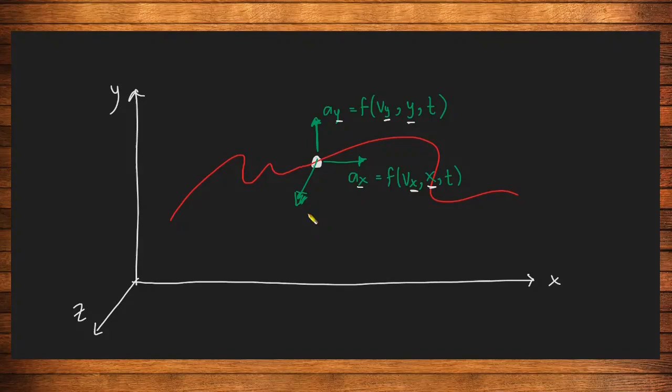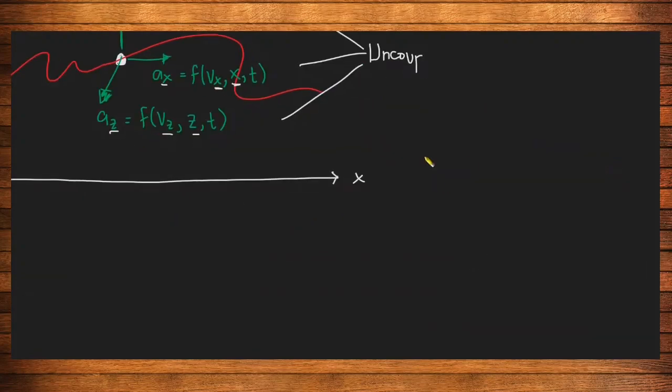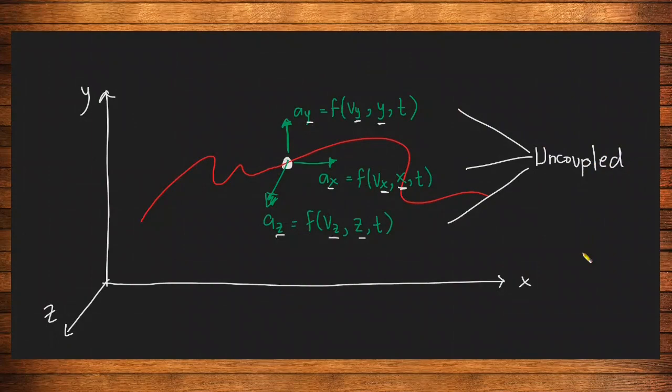And then, similarly, yung acceleration natin along the z direction is only a function of velocity and displacement along the z direction also. So, these equations are said to be uncoupled, because the acceleration in any one direction is independent of the motion in the other 2 directions. Okay? So, wala siyang pakialam doon sa dalawang other directions.